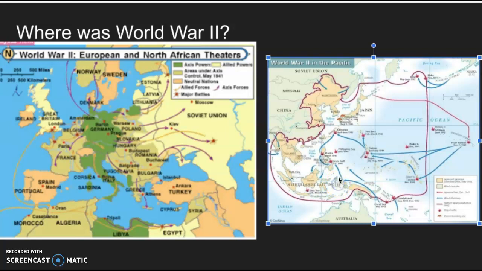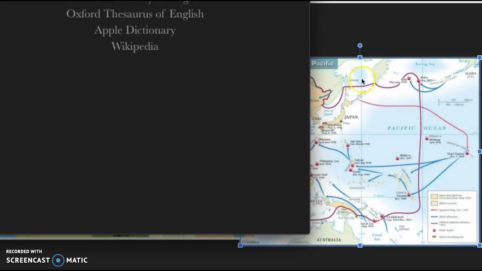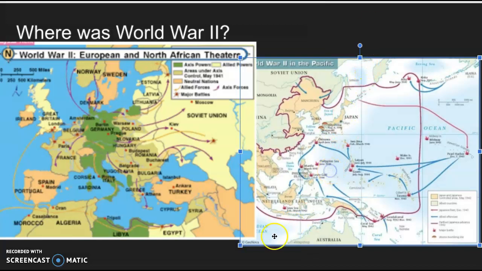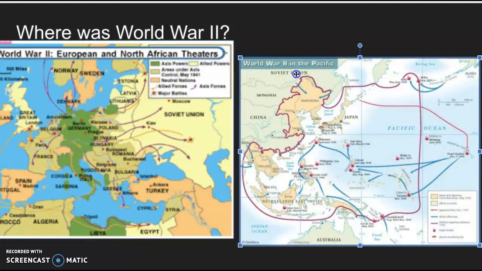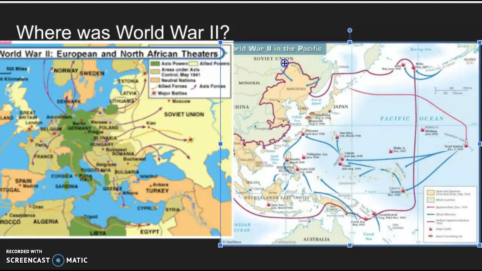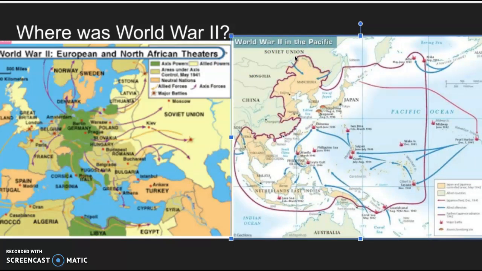The other theater, I guess, sorry about that, is the Pacific theater. We know a lot about the European part, but the Pacific part is really a lot of where the United States was involved. Here's Japan right here, this little sliver, because it's an island country. And then down here are like the Philippines and things like that.